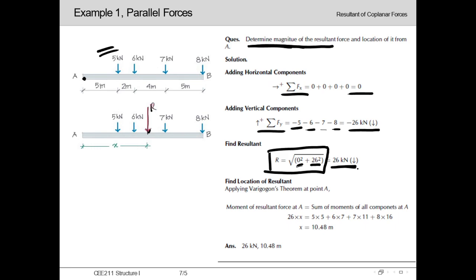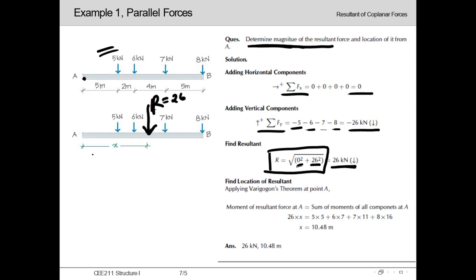So the magnitude of the resultant is 26 kilonewton and it is acting downward. Here we can denote it with R. So this is the resultant R acting in downward direction, and the value is 26 kilonewton.